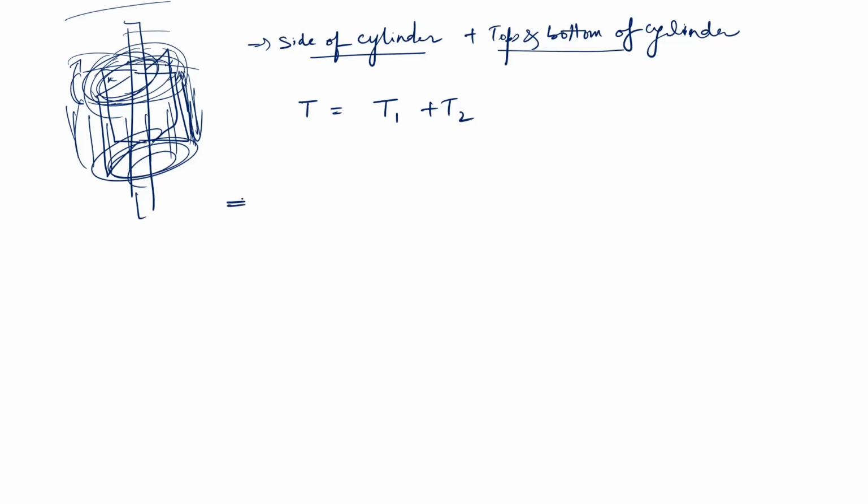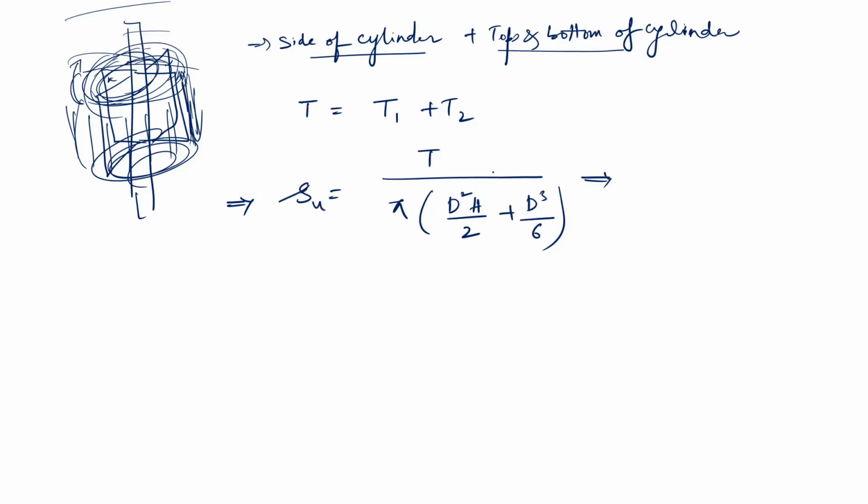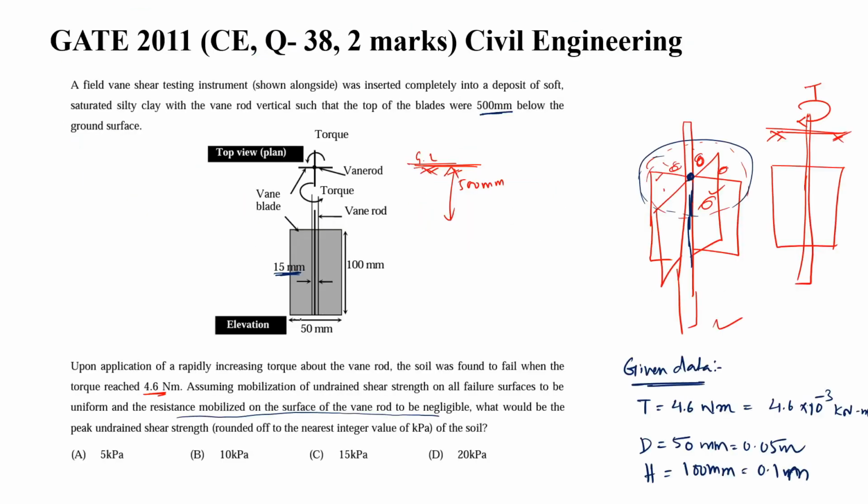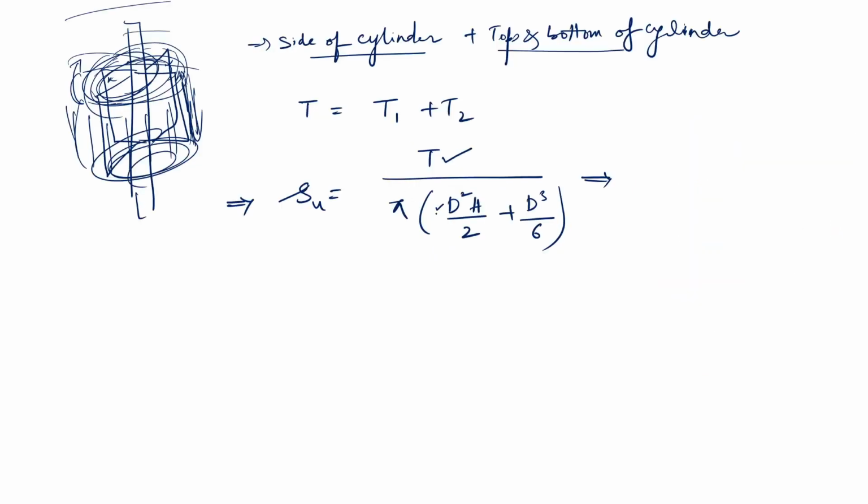After deriving, the shear strength of the soil will be T divided by pi into (d square h by 2 plus d cube by 6). This is the formula for the shear strength of the soil. T is the torque, and d is the diameter of the blade, as I have shown in the figure. This is D, this is H. D you know, H you know, pi is 3.14, and the torque applied is known. Then you will find the shear strength.